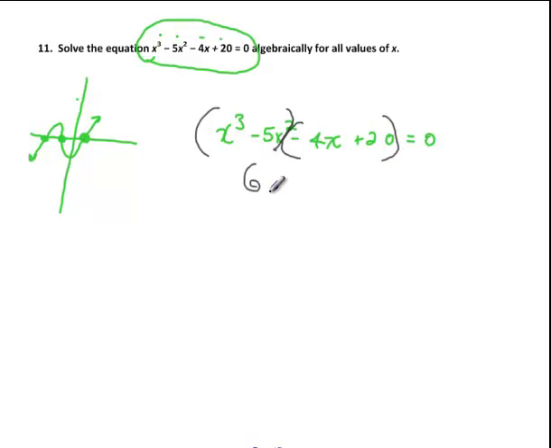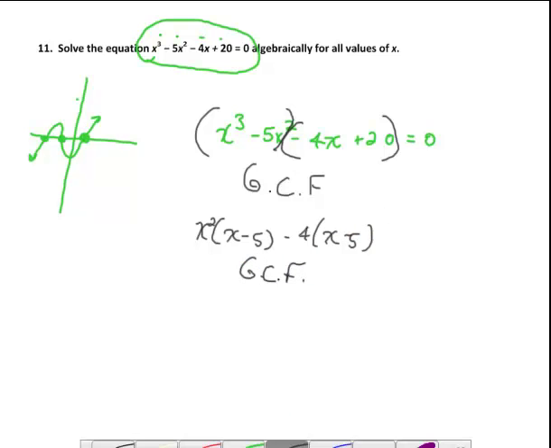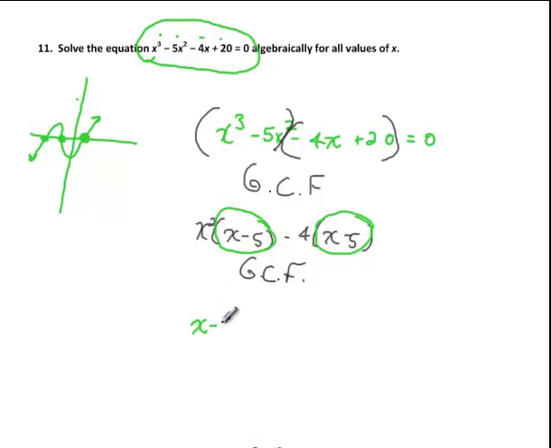So remember, we do greatest common factor. So my greatest common factor here is x squared. And my greatest common factor here is minus 4. We do greatest common factor again, and we see that our common factor is x minus 5. So we're going to pull out the x minus 5, and that leaves us with an x squared and a minus 4.